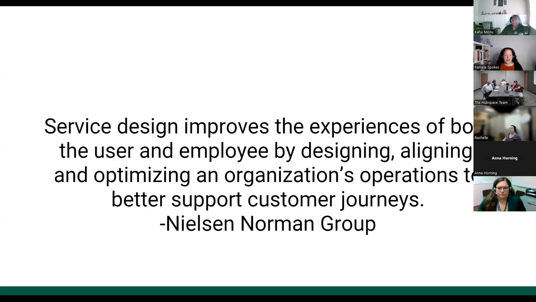But since they don't have access to the website, they can't change the content in there. And of course, you also don't want 1,000 people in an organization with access to the website to change the content. So you need to make sure that the content that's there is really useful for those who are actually using it.